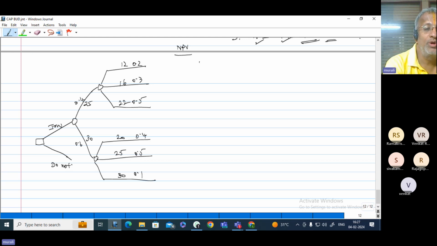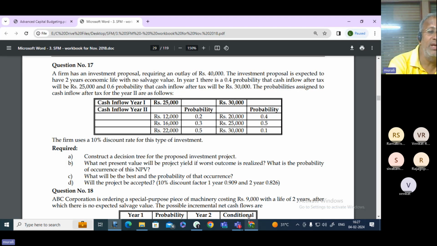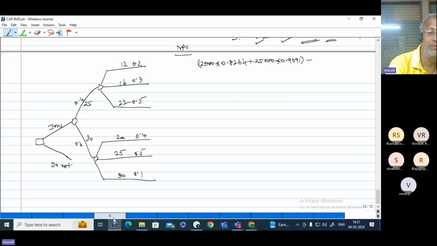It is 12,000 into 0.8264 plus 25,000 into 0.9091. I will arrive at that, and from there, I will be deducting the outflow of 40,000.